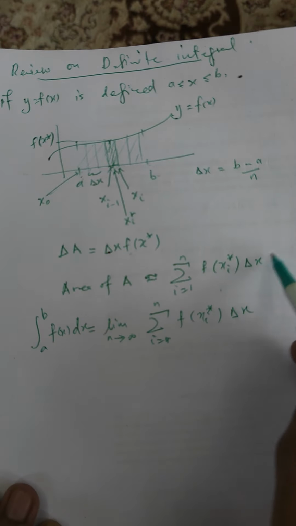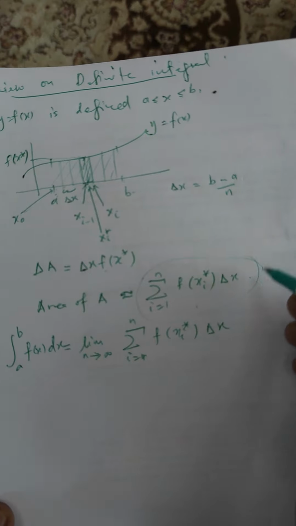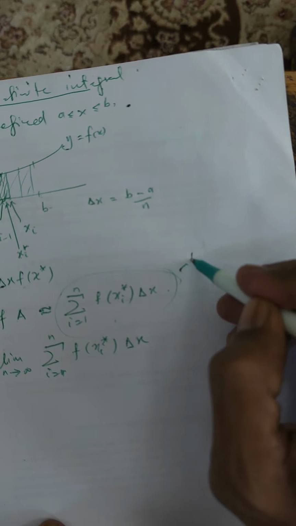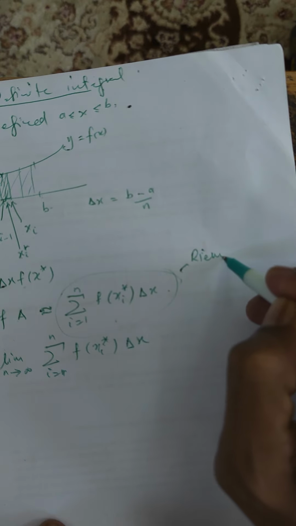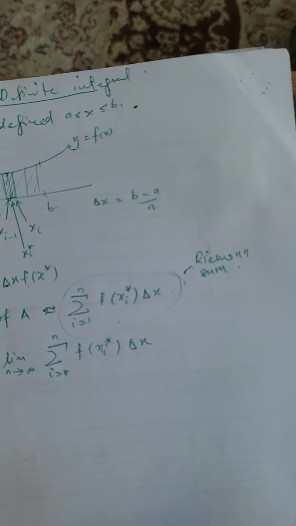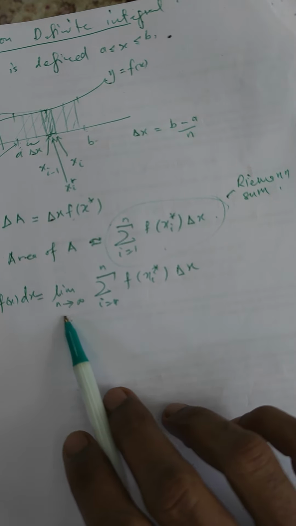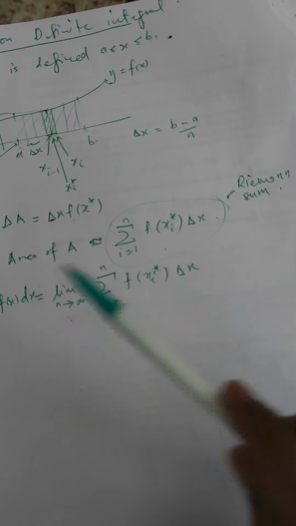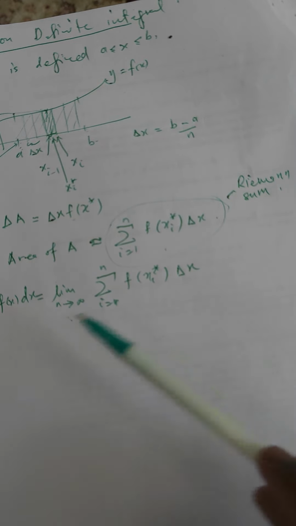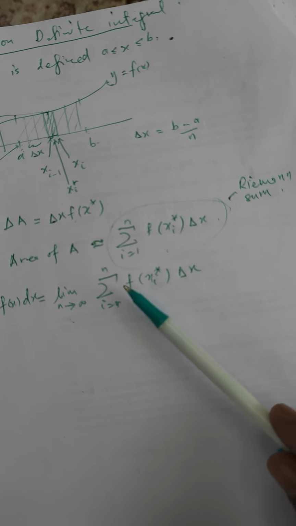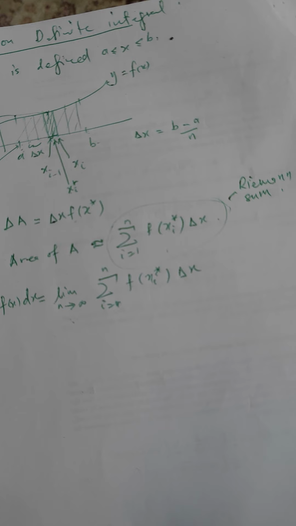This summation here we call a Riemann sum. If you take the limit as n goes to infinity, that gives the definition of the definite integral, so we can evaluate the definite integral exactly.